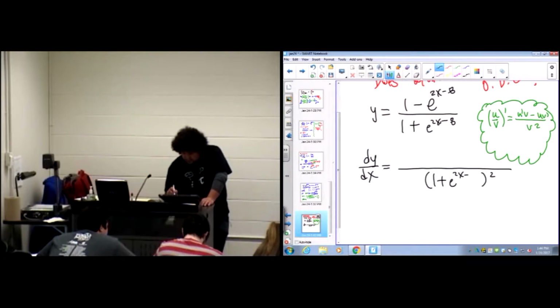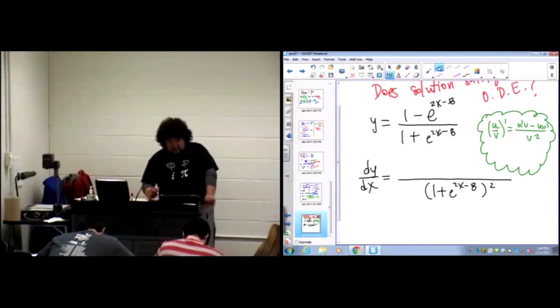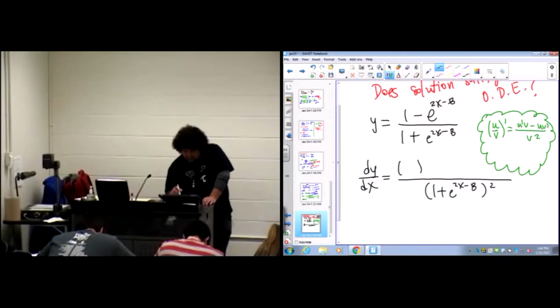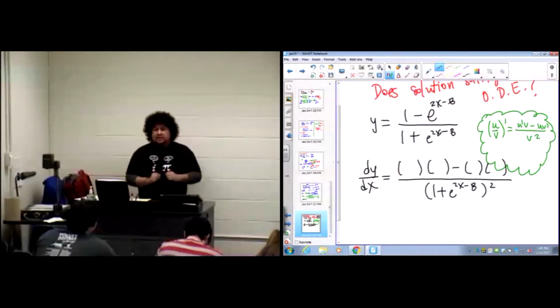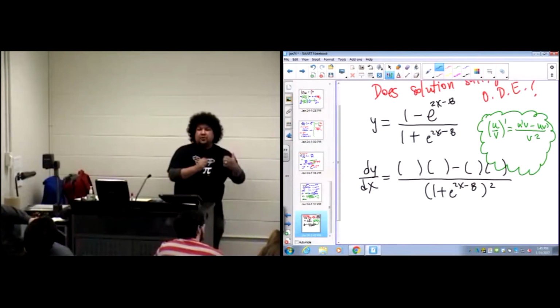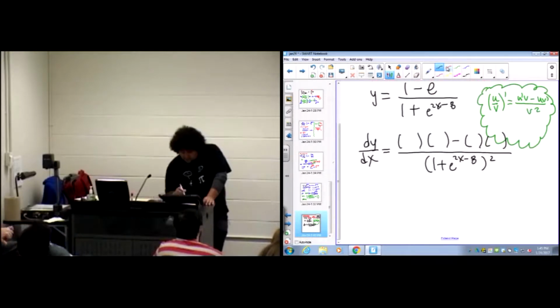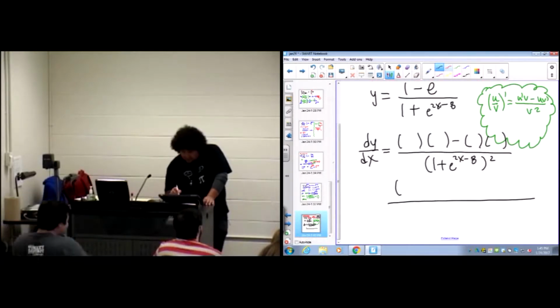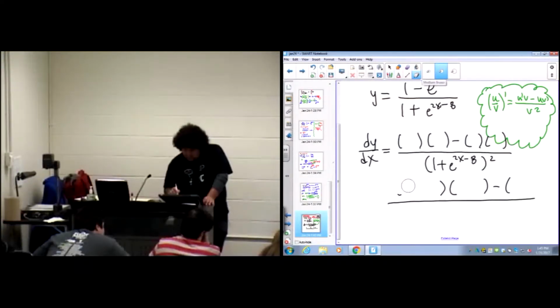Let me make this more spacious here. Okay, so that numerator would be the derivative of 1 minus exponential, which would be 2 times e to the 2x minus 8.